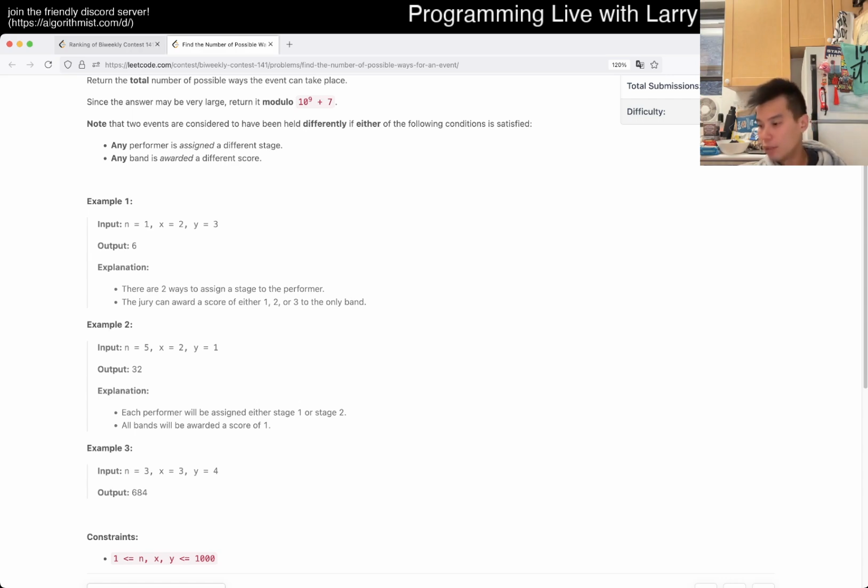And where is two groups? Two groups is tricky. Oh, two groups, is it just x choose 2 and then 2 to the n?